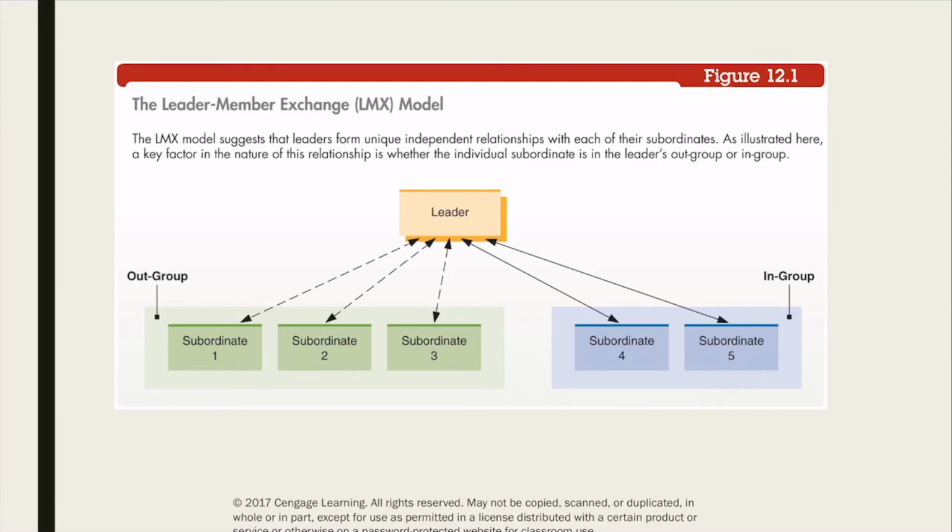Now, as I've said, I've experienced this, and normally what I've noticed is that the ones in the in-group have been ostracized by those in the out-group, and those in the out-group are normally larger than those in the in-group. You have a select few who are considered closest.